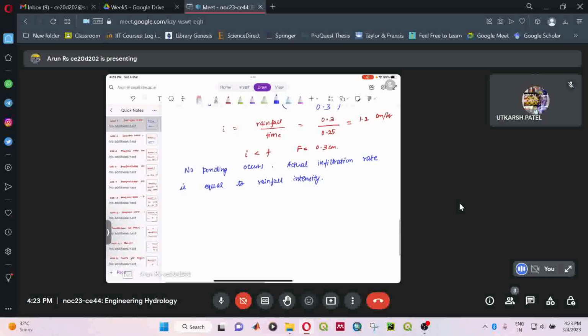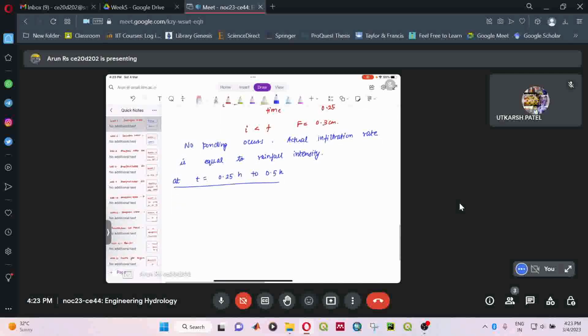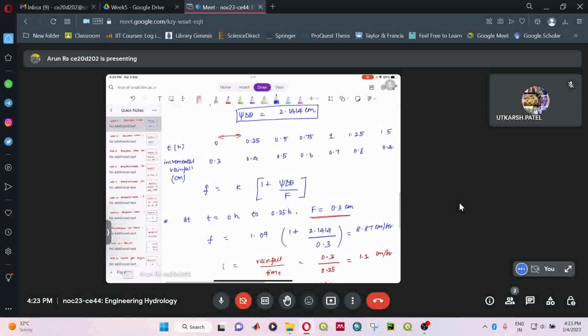Now the next time interval is 0.25 hours to 0.5 hours. Here we'll find out your cumulative capital F, which will be 0.3 plus 0.4.